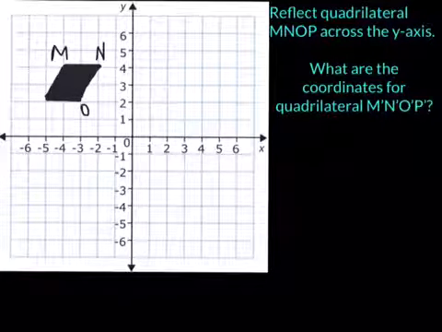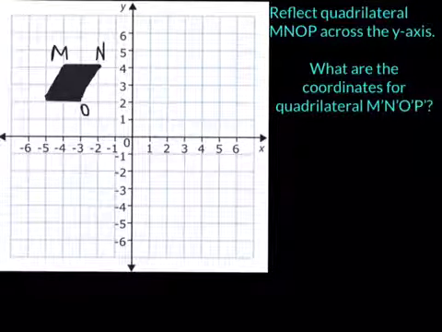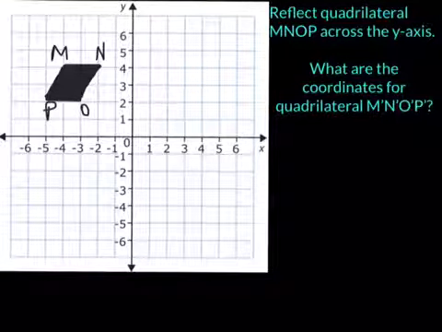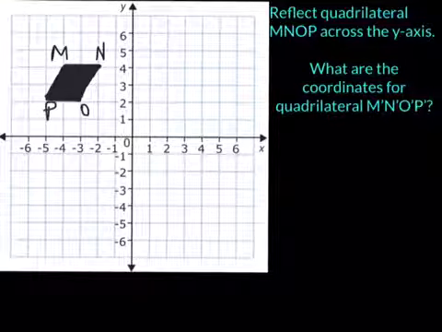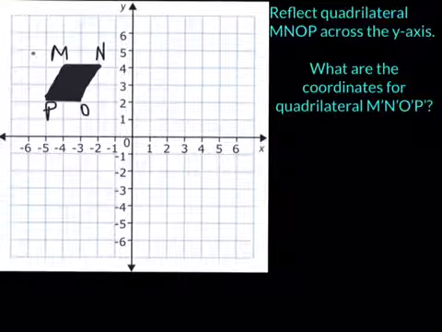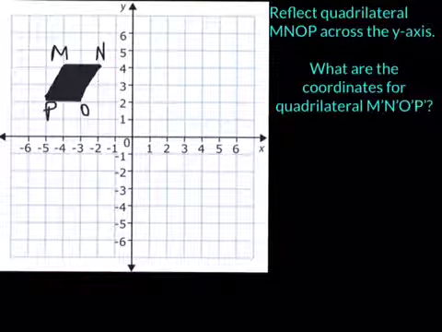So, let's look at this shape, and which way are we flipping it? We're flipping it across the Y-axis, all right? So, if it is starting over here, and I'm running at the Y-axis, where is it going to end up?